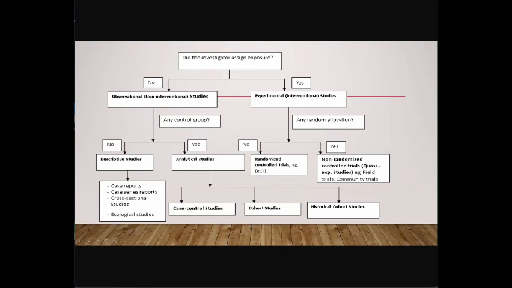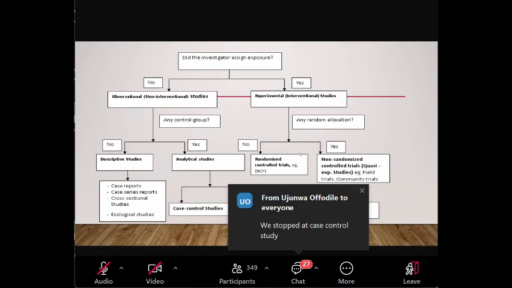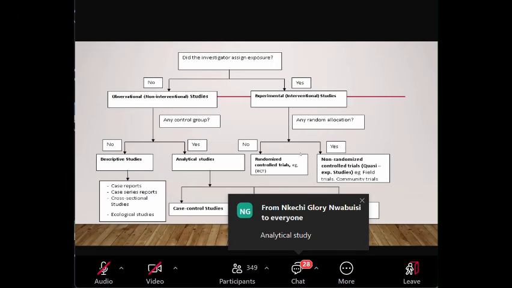Can somebody type in for me where we stopped? I thought we stopped at case control. Case control is part of analytical study, right?